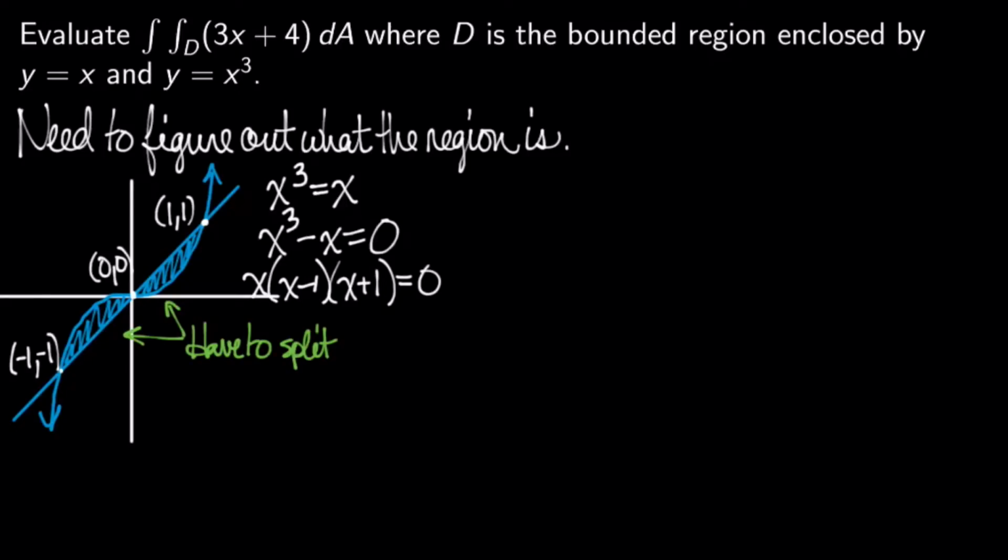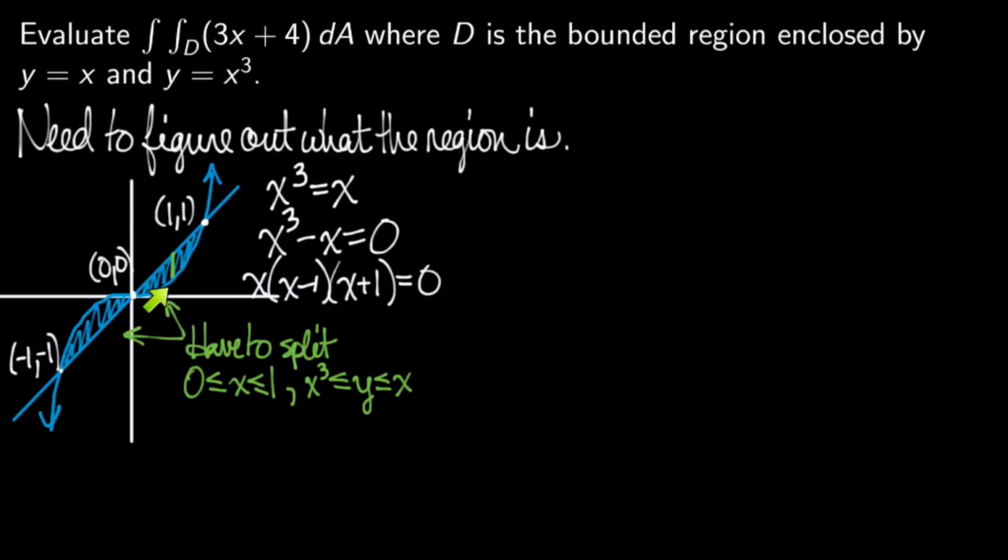And like I said, this integral is going to have to be split into 2 because it changes from one curve being on top to the other curve being on top. In other words, here are my 2 regions. x varying from 0 to 1, and then for each little x, see how I drew a little stripe there?